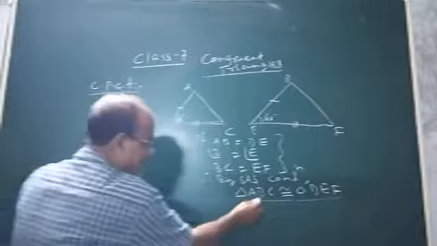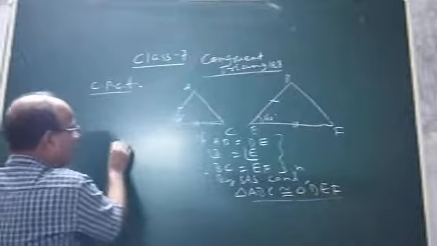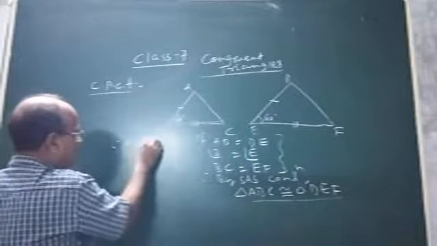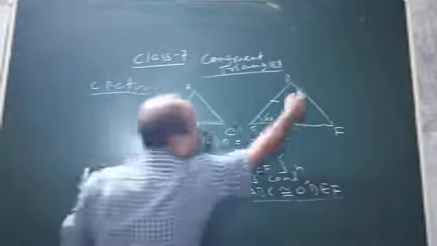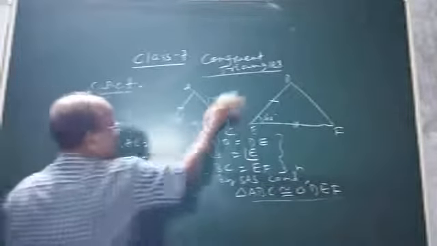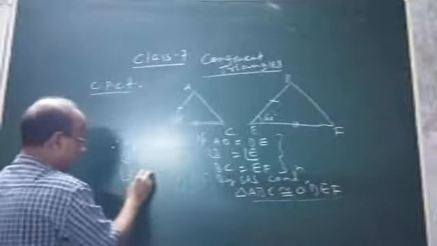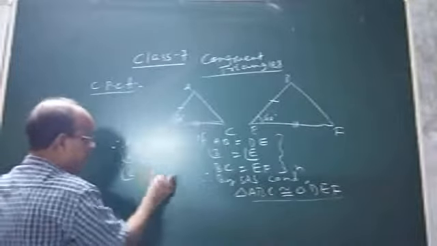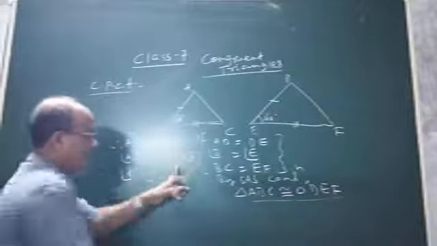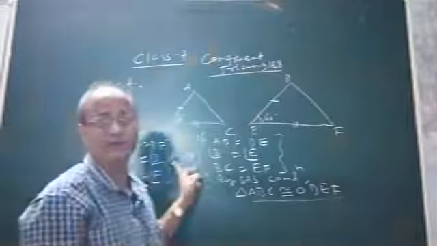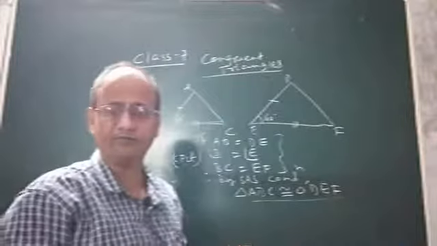After this step, if ABC is congruent to DEF, then we conclude that AC equals DF automatically, angle A will be equal to angle D automatically, and angle C will be equal to angle F automatically. Why automatically? Because of CPCT. You see, what is the reason? The reason is CPCT. So what is CPCT? That I want to discuss.